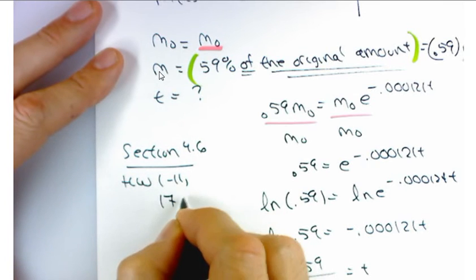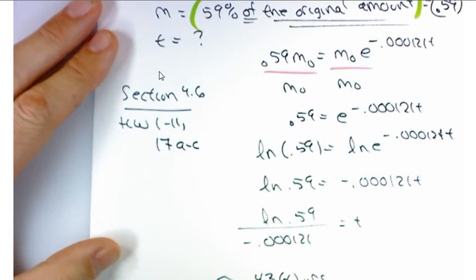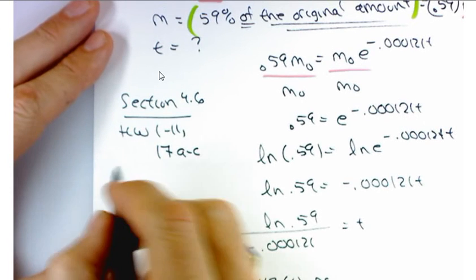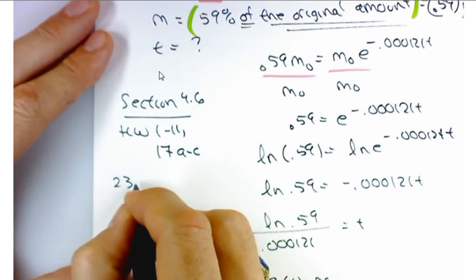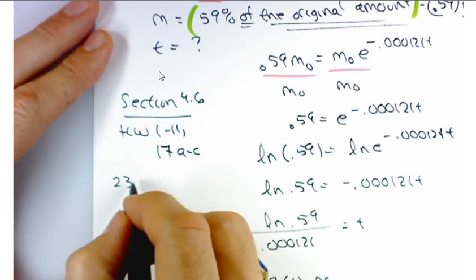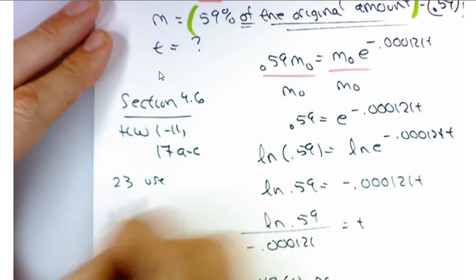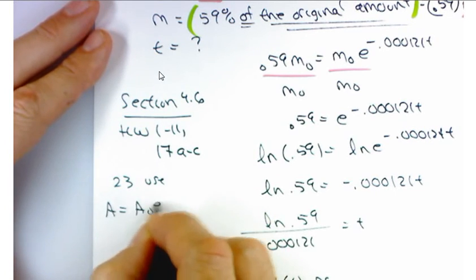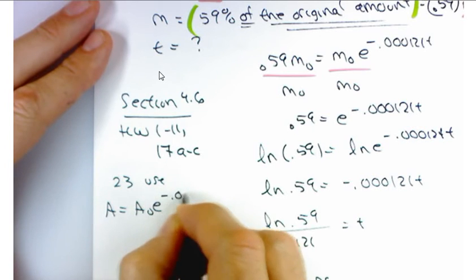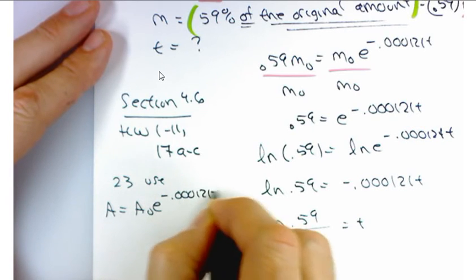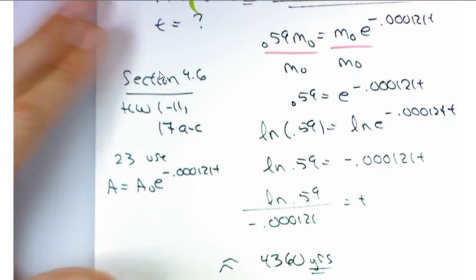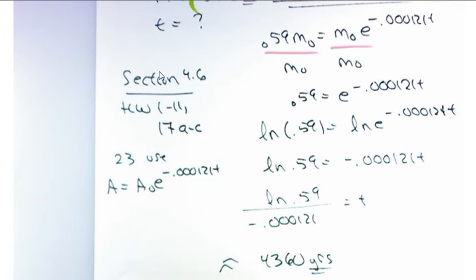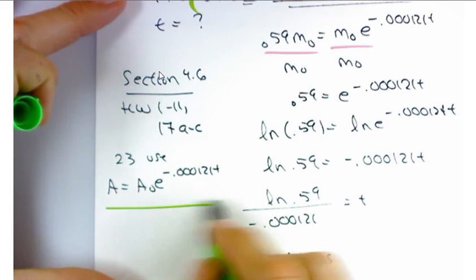Use A equals A sub 0 e to the negative 0.000121 t. And I don't know why I wrote down A sub 0 here. We've been using m sub 0, but same thing. Same model. This is the formula for the decay of carbon-14. I have to give you something.